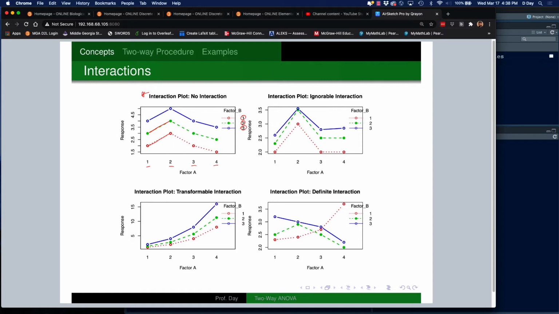And then the same thing happens between factor A levels 1 and 2, and across all the different factors there, we see a parallel line. As a matter of fact, if we keep going between the next pair of means, those dots represent our means for those pairings. So for example, this red dot right here is representative of the mean of the grouping of factor A level 1 and factor B level 1. So those are the measurements that fit in those two factors.